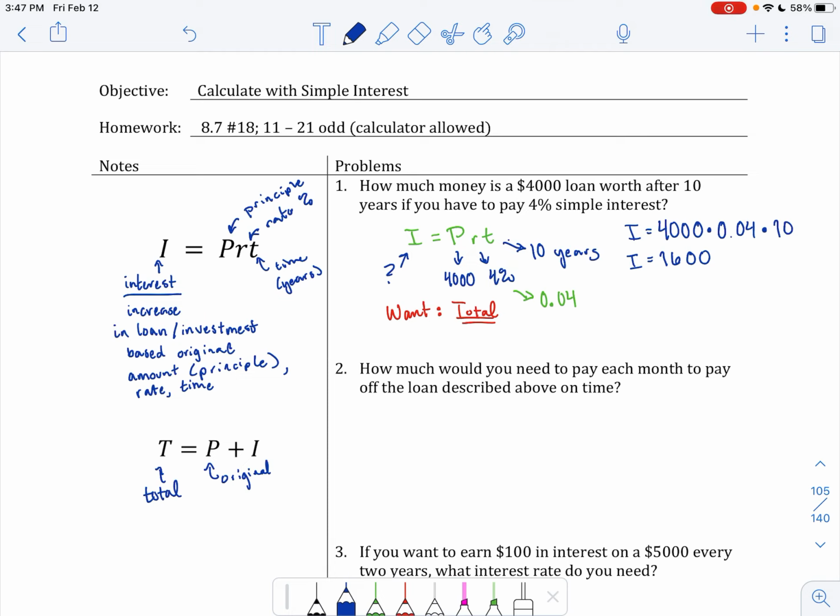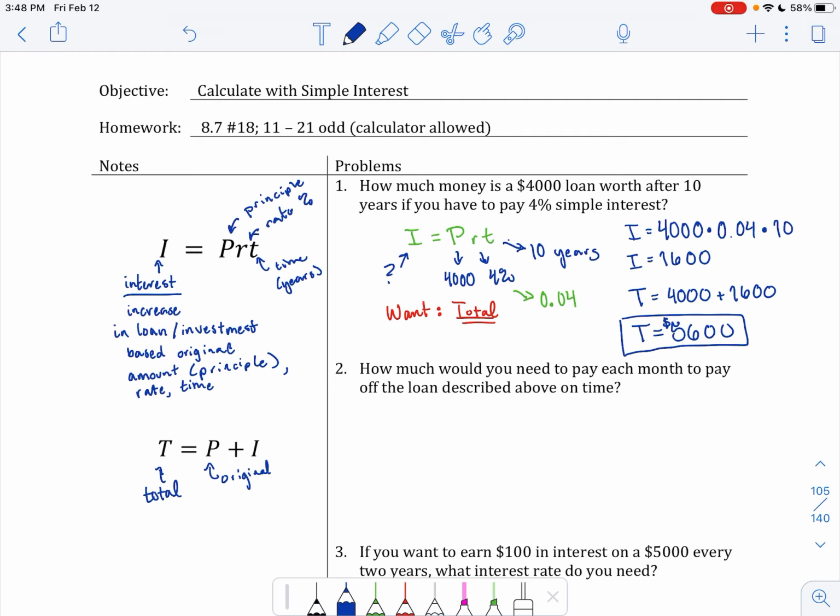So as we remember here, our total is what we want. So we owe the $4,000 plus the interest. So the total value then is $5,600, and we are talking about dollars, so make sure that we're including our unit.